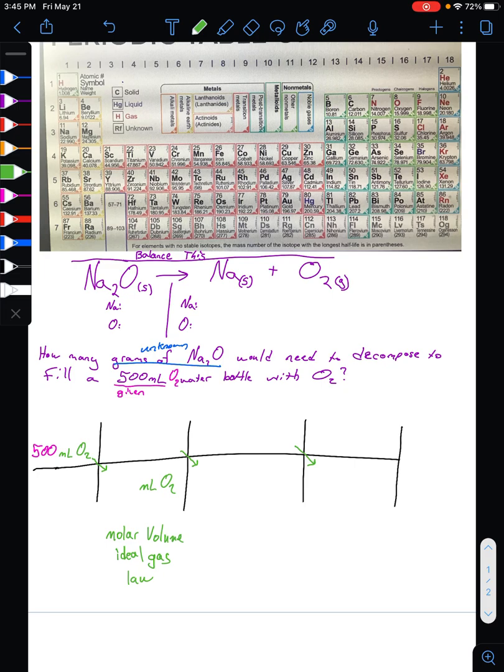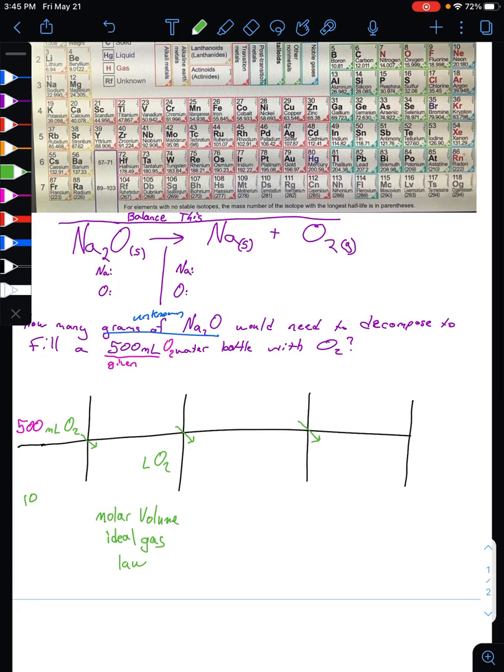Now the one problem with the ideal gas law is it gives you liters, not milliliters. So I can actually get rid of the M, as long as you remember that there are 1,000 milliliters in 1 liter. So 500 milliliters then is a half of a liter, right? If there are 1,000 milliliters in a liter, then I've got a half a liter up there.